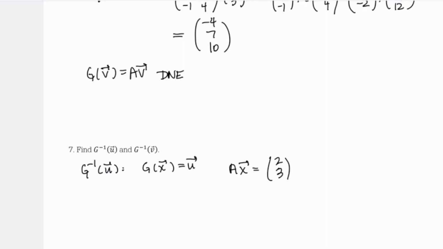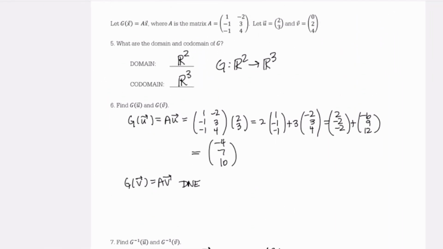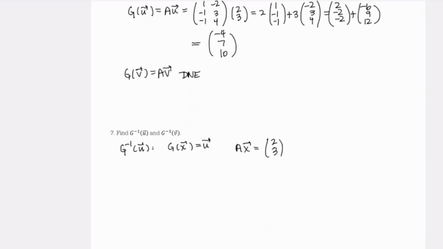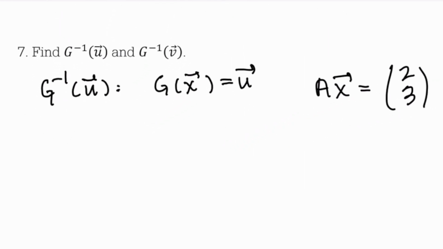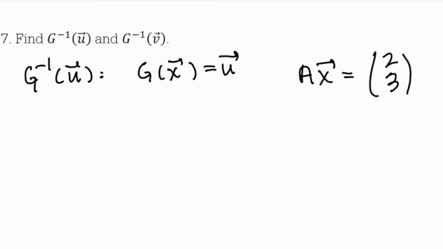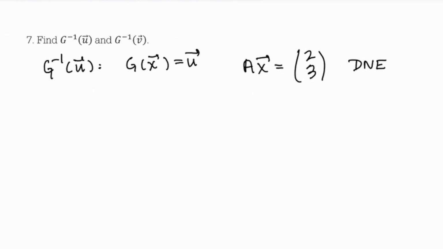But if we tried to augment A with this vector 2, 3, it wouldn't work, right? A is too tall. The dimensions are mismatched. u is a two-dimensional vector, and that's not in the codomain, so I can't see if it's an actual output value of g. So this doesn't exist either. It's outside of the codomain.